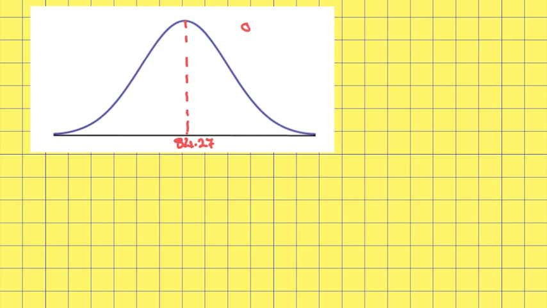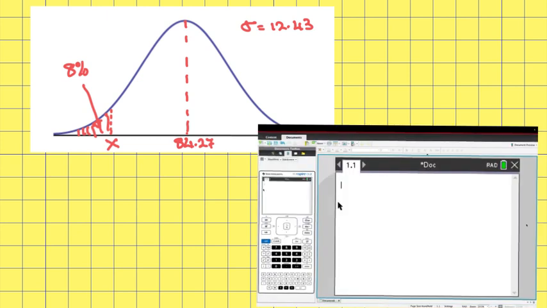Our standard deviation is still 12.43, but we are told that 8%, so this area here, 8% are below this value x, and we need to find this value x. So this is when we use inverse normal distribution. So I'll show you this one on the calculator.